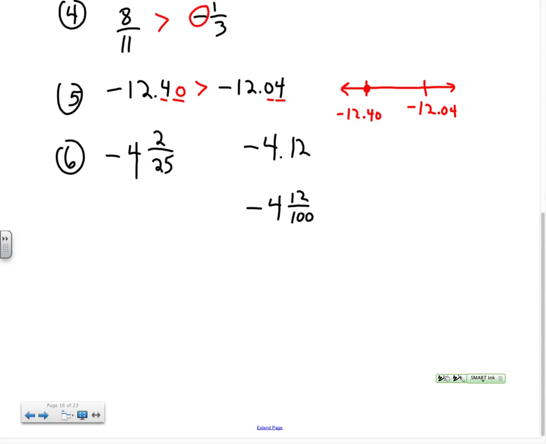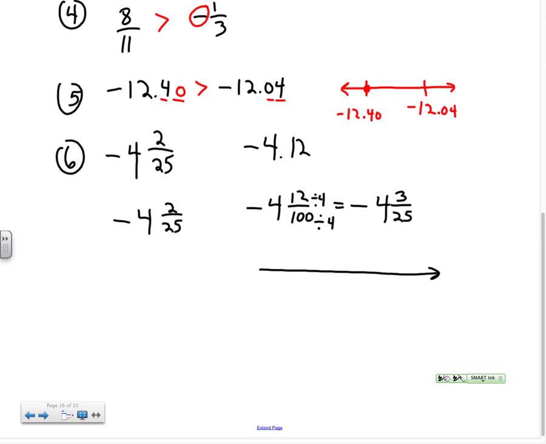Okay, I can simplify negative 4 and 12/100ths. I'm going to divide by 4 and get negative 4 and 3/25. Now I have them both in terms of 25ths, so I can compare negative 4 and 2/25 to negative 4 and 3/25.